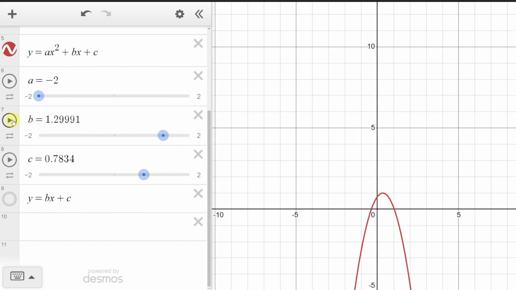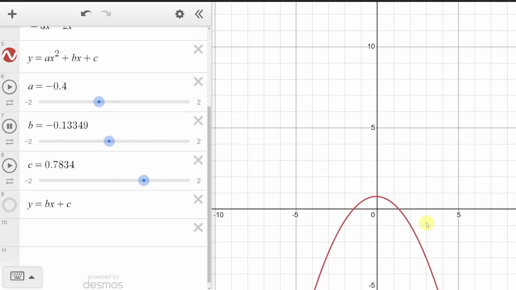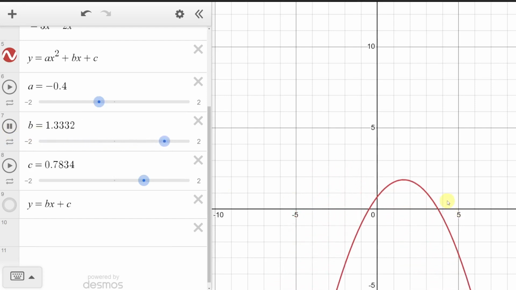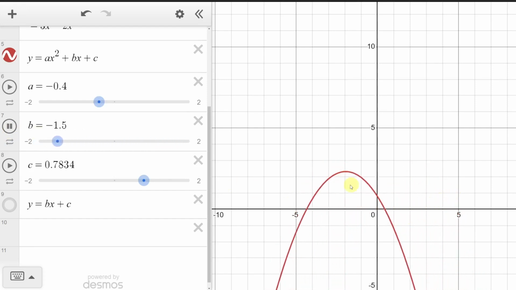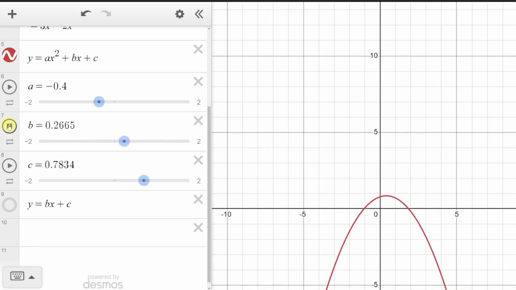Then the next coefficient is b. This coefficient might look weird at the beginning because it moves the function left to right, and it might be difficult to understand in the beginning, but later you will understand everything.